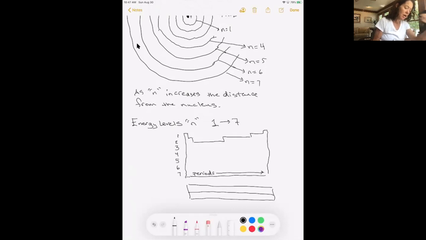There are 7 periods on the periodic table. Columns are vertical, and a column is a group. Groups are vertical. When we're referencing a period, we're talking about left to right. When we're referencing a group, we're talking about top to bottom.